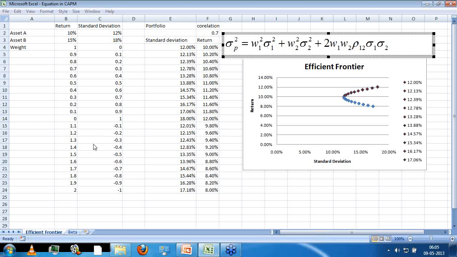I'll repeat it. If you have any problem in understanding how to calculate the variance of the portfolio by using this formula, you can post it as a question. I'll go through it once again.